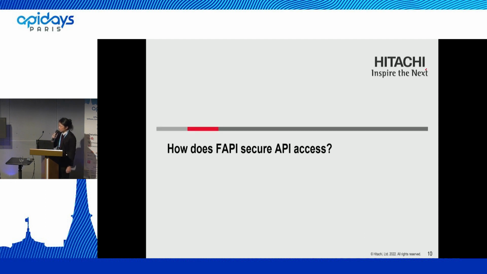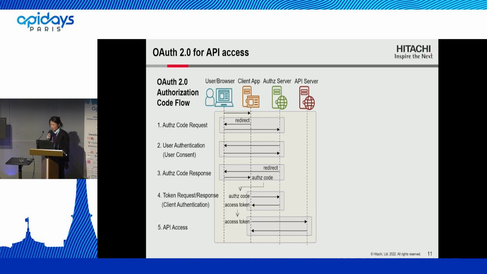So next, I'd like to describe the mechanism of securing an API by applying FAPI security profile. To do so, I would like to consider the situation where we use only OAuth 2 authorization protocol for open banking.